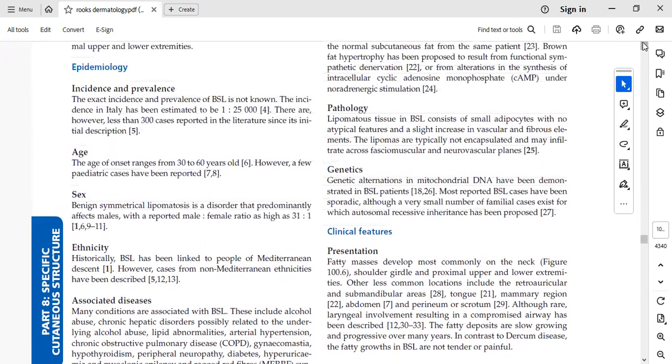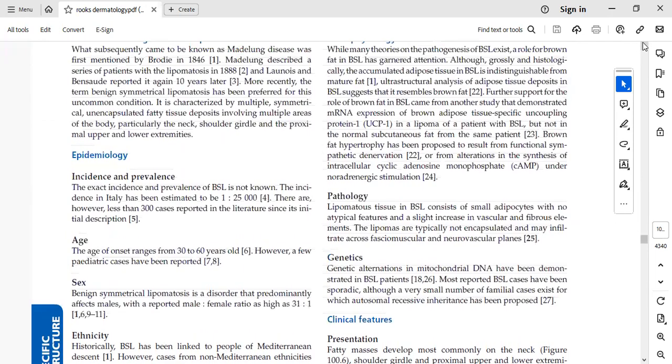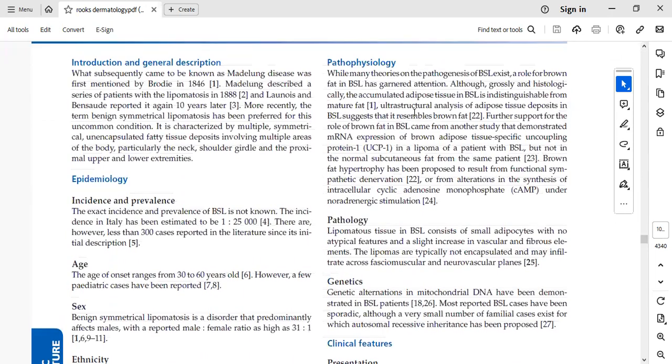Now, the pathophysiology of this disease: there are many theories on the pathogenesis of BSL, but a role for brown fat in BSL has garnered attention. Although grossly and histologically the accumulated adipose tissue in BSL is indistinguishable from mature fat, ultrastructural analysis of adipose tissue deposits in BSL suggests that it resembles brown fat.